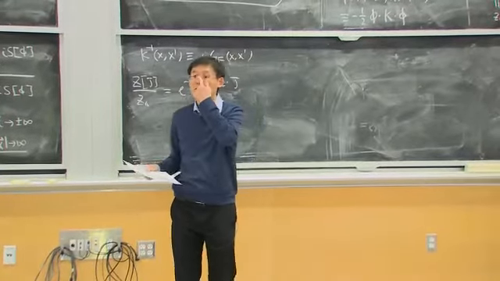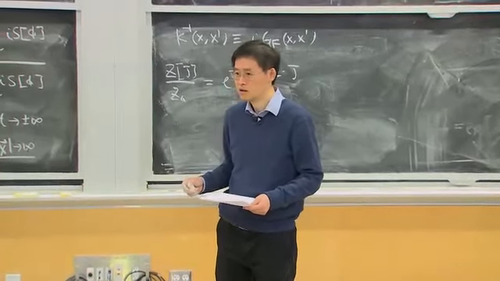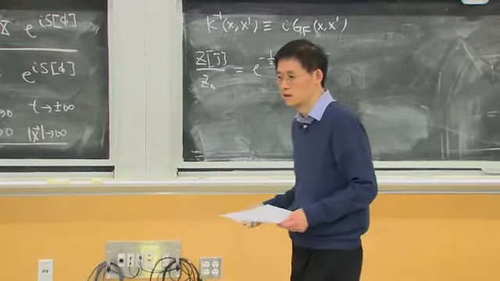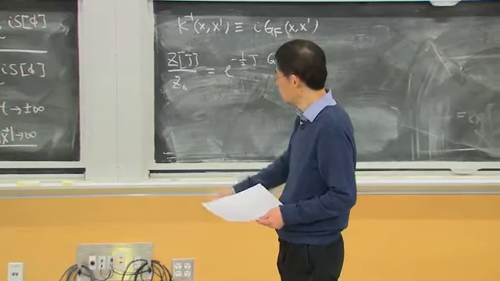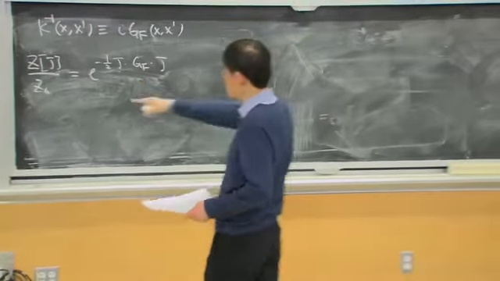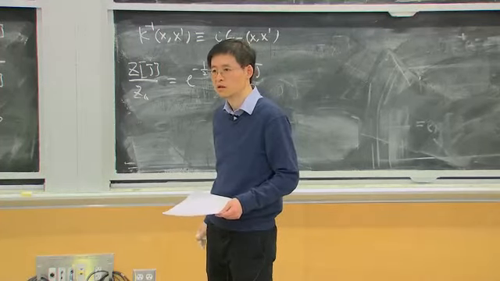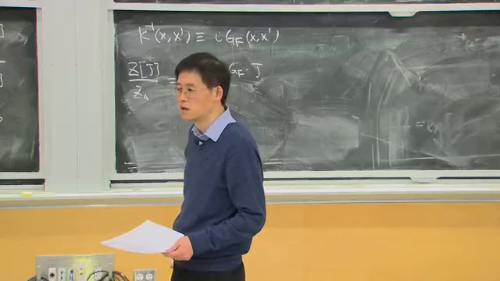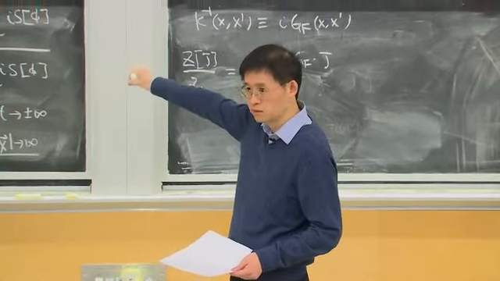So do you have a question? In this free theory, do we have the condition that φ goes to 0 as t goes to infinity? Yeah, that ensures that when you do integration by parts, the boundary terms are 0. But we have the solution for φ, like the plane wave expansion from a few lectures ago. No, this is the boundary condition in your path integral.